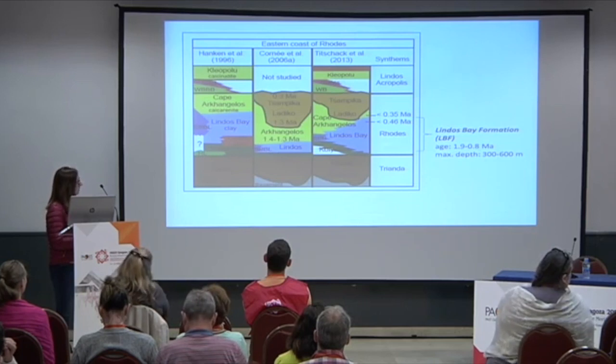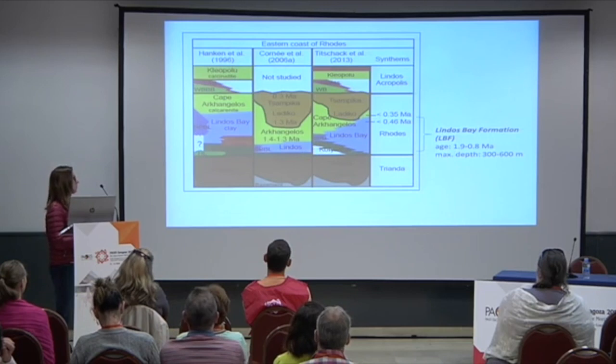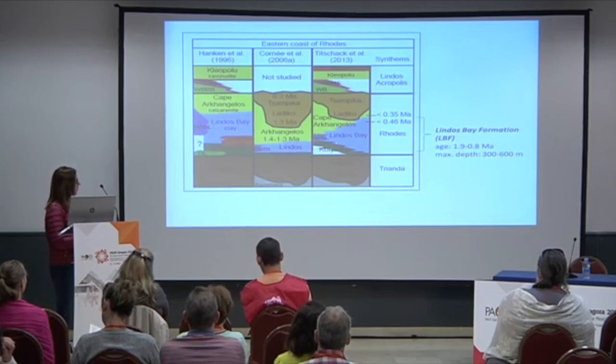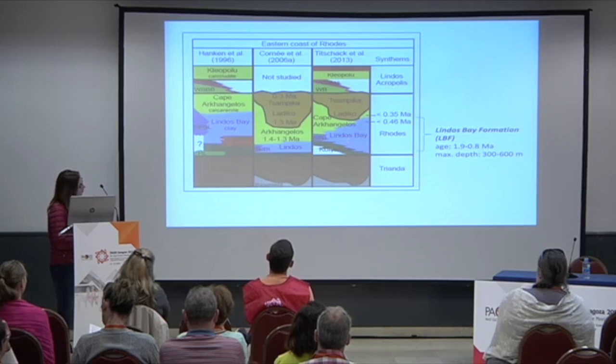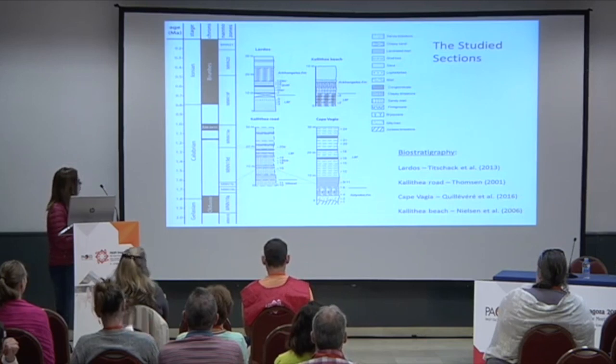What we have studied is these parts, because during the lower middle Pleistocene, the area experienced a transgressive-regressive cycle that started with the Columbia Formation, followed by the Lindos Bay Formation, which was the deepest part, and then the Cape Archangelos, which is the regressive part. And these are the sampled sections, and the biostratigraphy was done by previous authors. We confirmed some of it, and these are the samples.